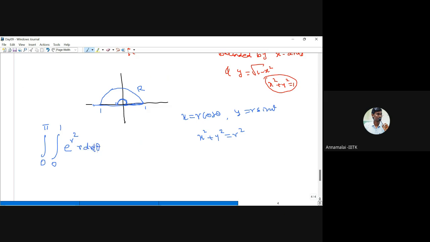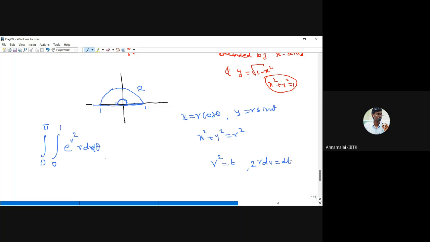Now we change the variable to see how to integrate this one. We call r square equal to some t. Therefore we differentiate both sides: 2 times r dr equal to dt. If r equal to 0, then t is 0. If r is 1, t is 1.